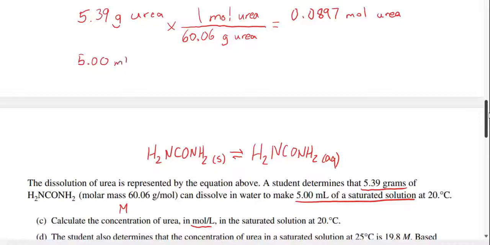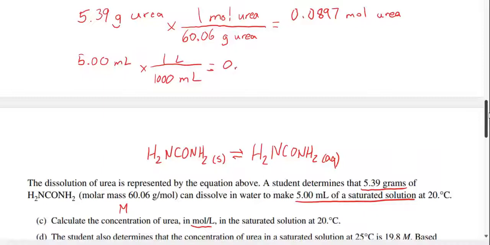Okay, and then 5 milliliters, we need to convert that to liters. So divide by 1,000. You probably don't have to write out this step if you don't want to, but I would at least show the value in liters. So I would at least show the next step, which I'll get to in a second.